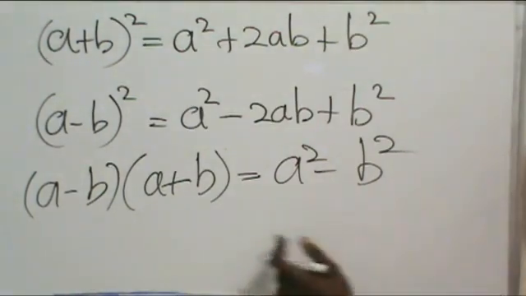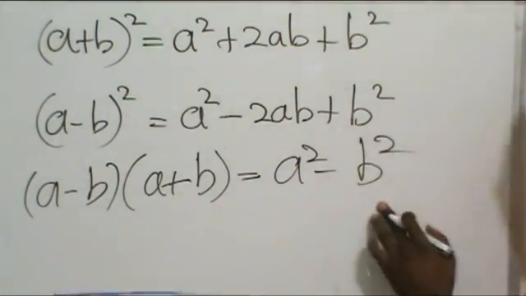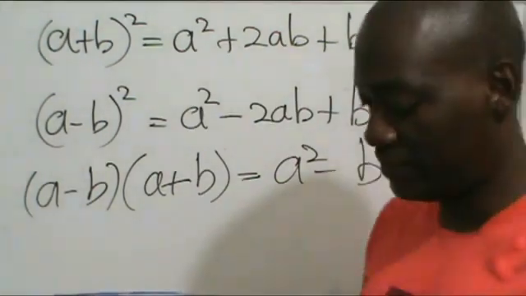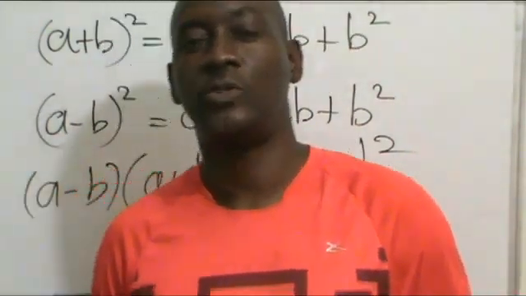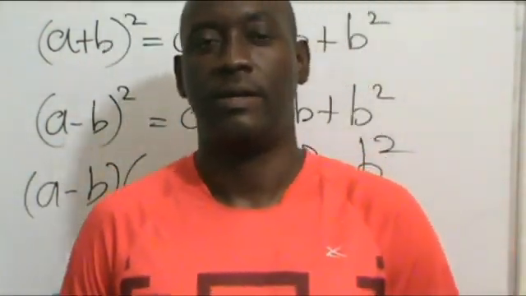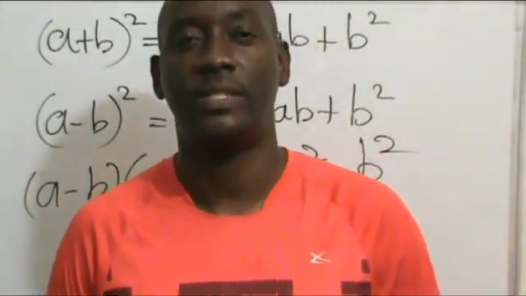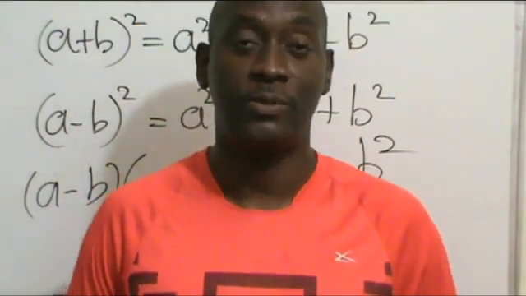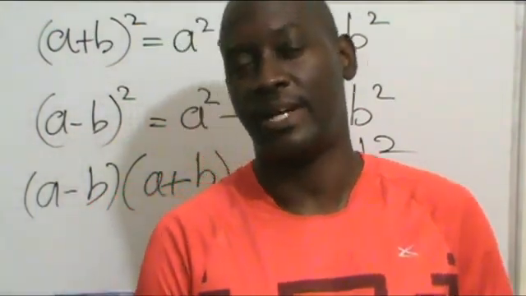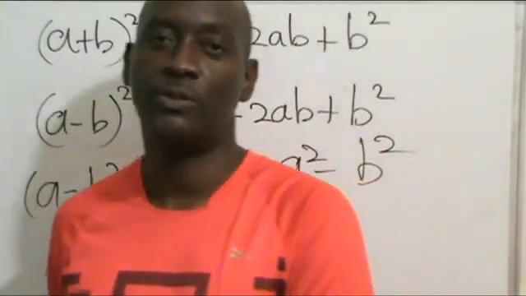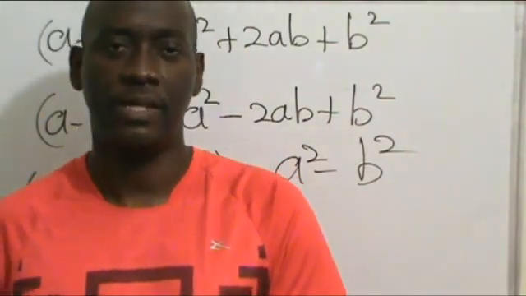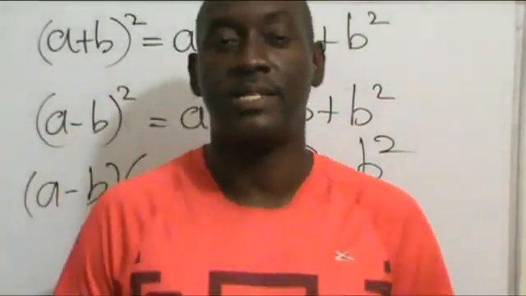Now this last one here is what we refer to as the difference of two squares. The difference of two squares. It is very important to know that one because it will show up in your factorization, which we'll come to a little later. So you have to know the expansion.